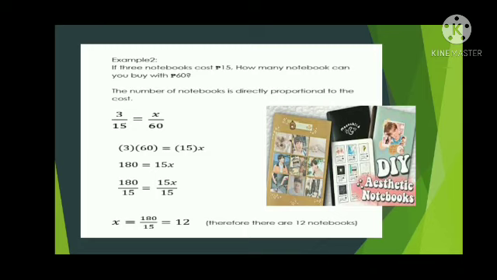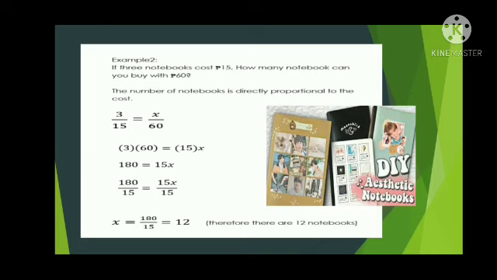Okay, so 3 over 15, nakuha natin yan sa ratio na 3 notebooks is to 15 pesos. So if we express that in fraction, that is 3 over 15, or 3 divided by 15 is equal to the number of notebooks na hinahanap natin sa problem.